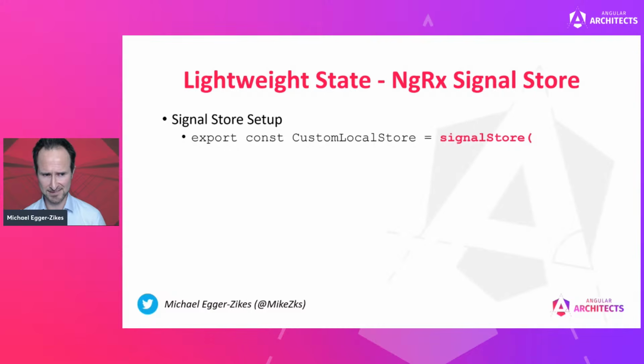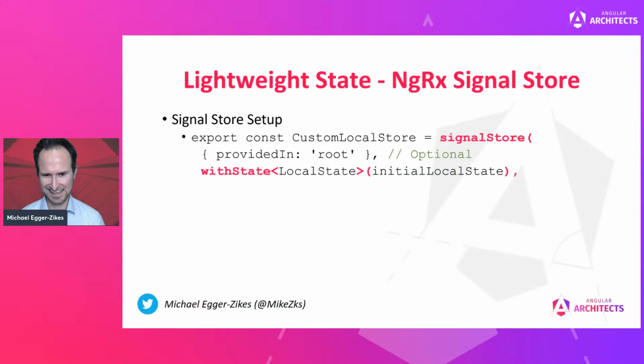So what does a signal store look like? We have this wrapper function to create the store, signalStore. Then you could optionally add some information on where to provide this dependency injection provider, for example, on the root level. And then you can add features. Like we added the feature for the router previously for component input bindings, you can add a state definition like this. We can also add a computed state.